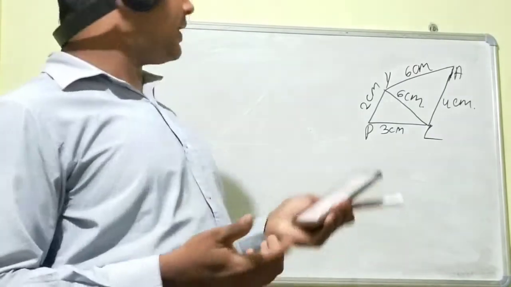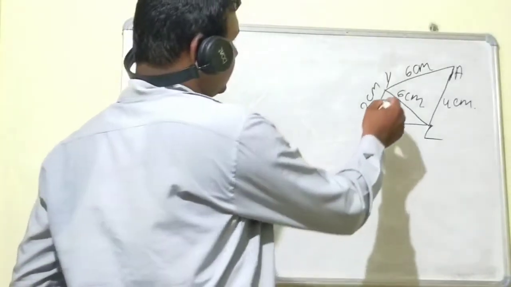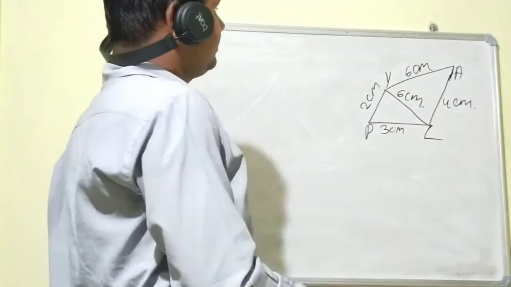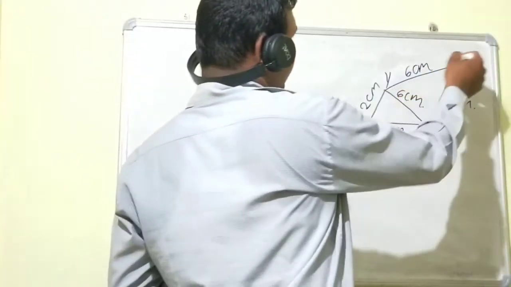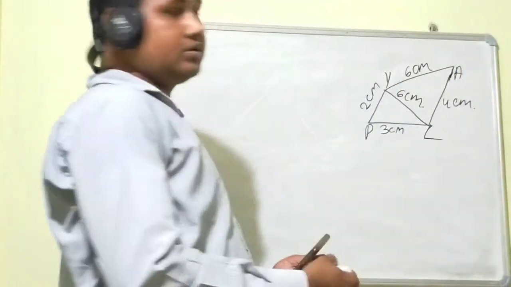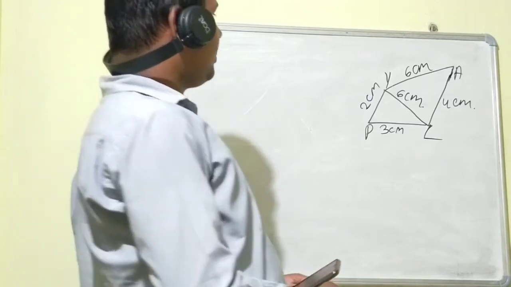What is the reason behind it? Suppose we see PLY is a triangle, and LAY is another triangle.